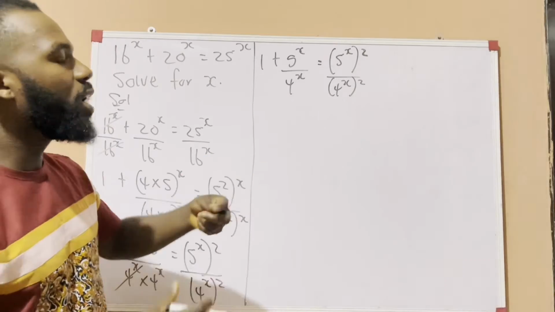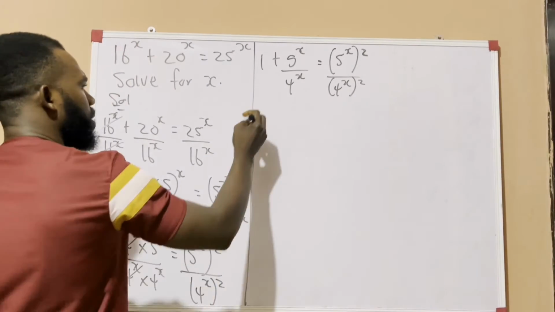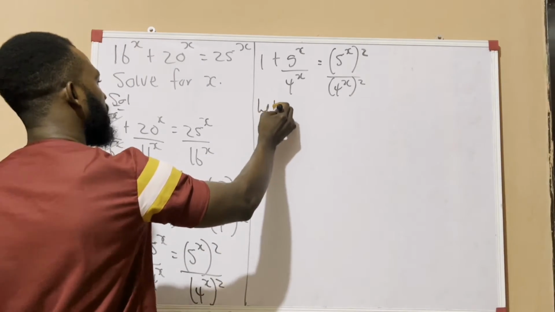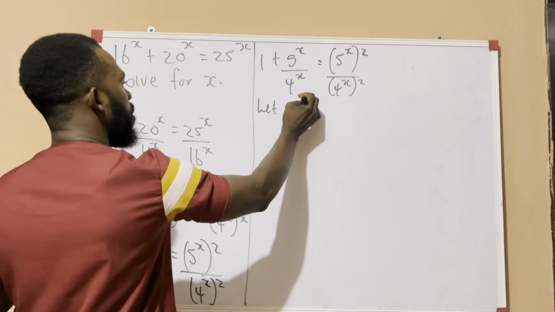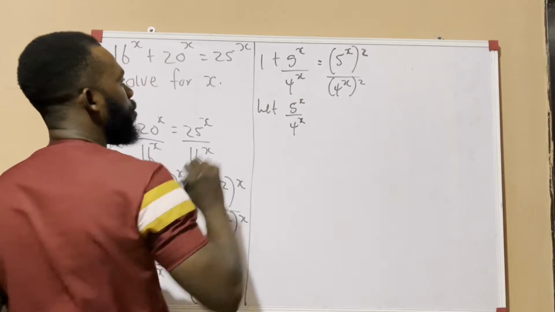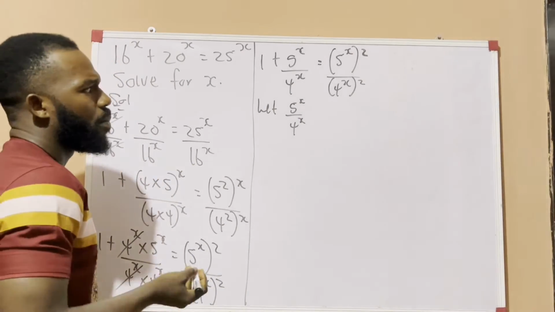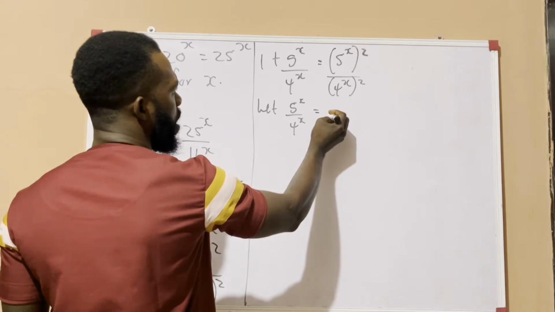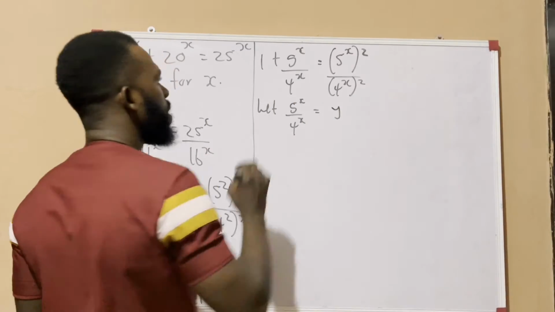Okay, now we can say let 5 raised to the power of x over 4 raised to the power of x be y.